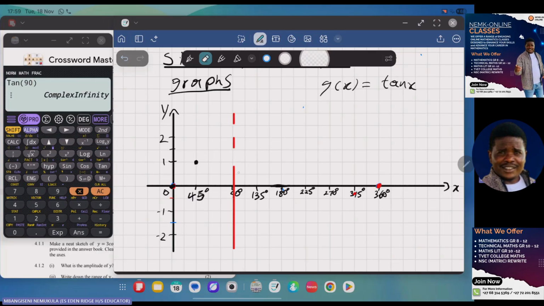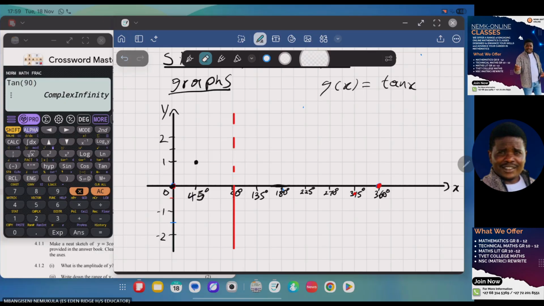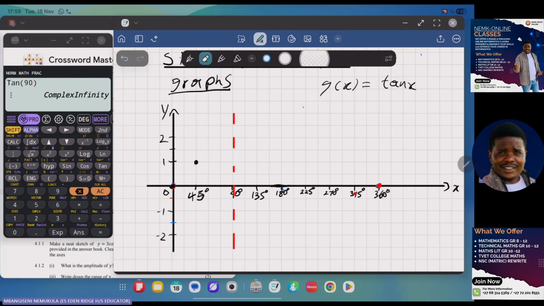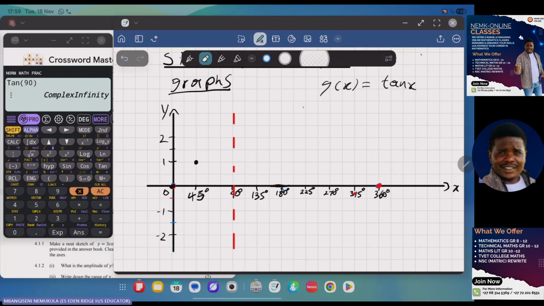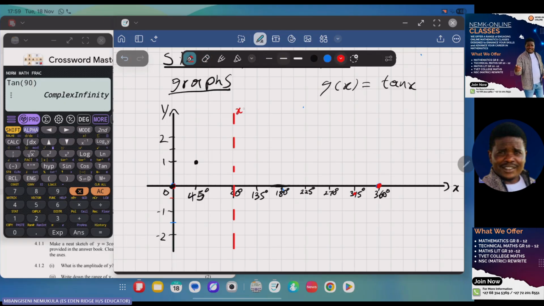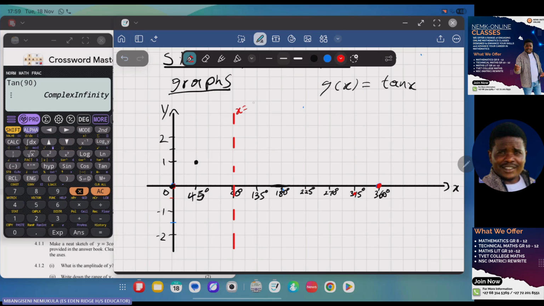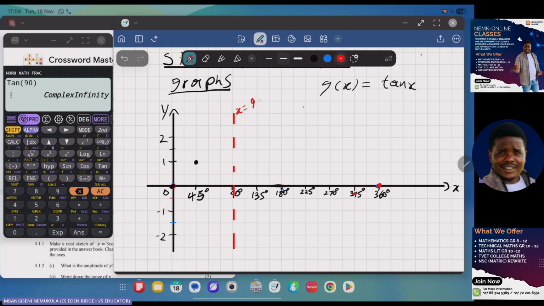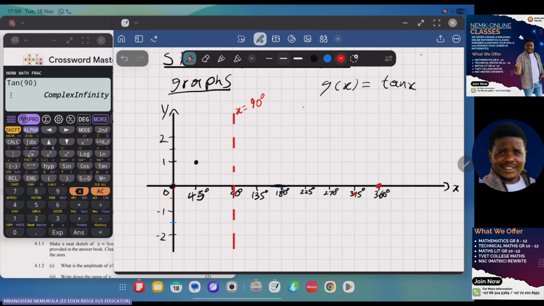It's an asymptote line, so we're making it a dotted line. This is the line x equals to what? 90 degrees. It's called an asymptote. Now we proceed to 135 on the calculator.